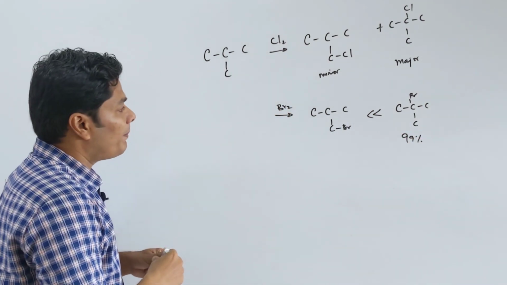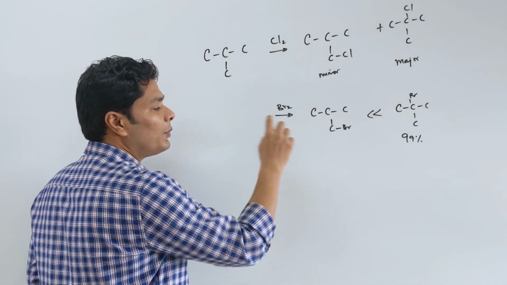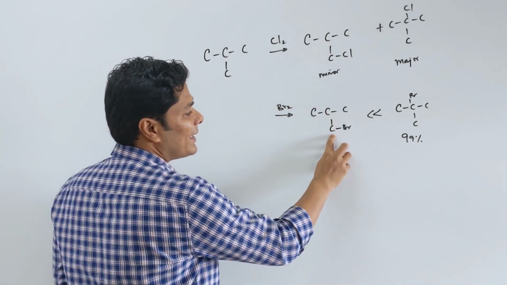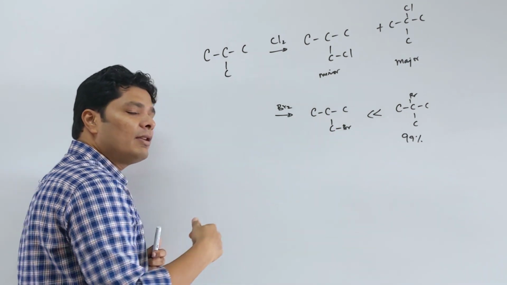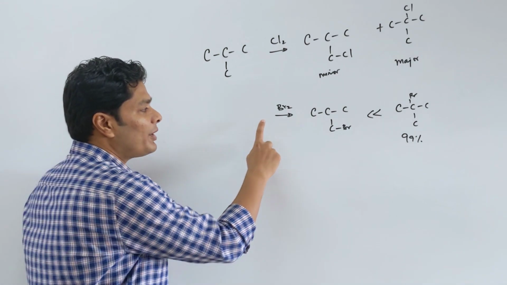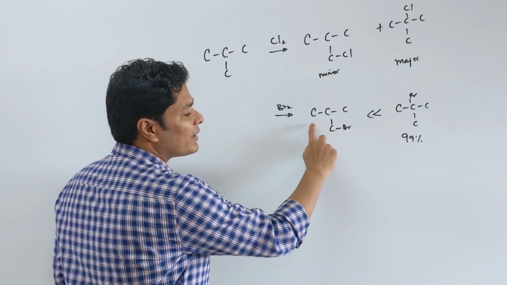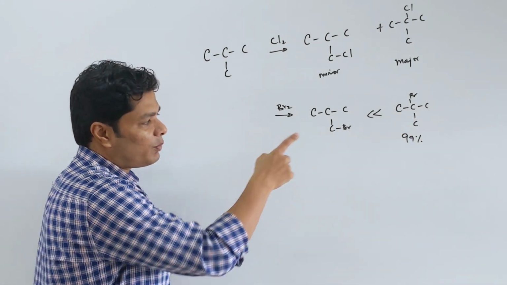The reason being, because bromination is slow, it has the time for the corresponding radical. For example, if this radical is formed, before the bromine can come and attack, it will rearrange. We have seen the rearrangement of carbocation and radical before in a different lecture. So bromination is slow, so by the time bromine comes, the radical can rearrange to a more stable carbon free radical and the corresponding compound is formed.